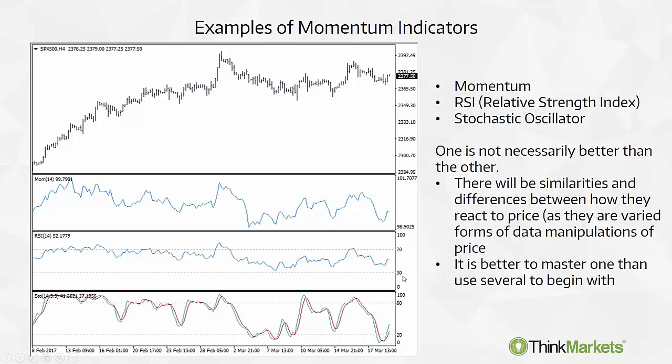So if you look at examples of momentum, I'll go back to that quote: pick one, and it's what your eyes get used to, essentially. There are some people who swear MACD is the best indicator, and some who swear by RSI. It doesn't matter. You need to do this for yourself. You need to decide what you are comfortable using, what your eyes and your brain get used to, and experiment.